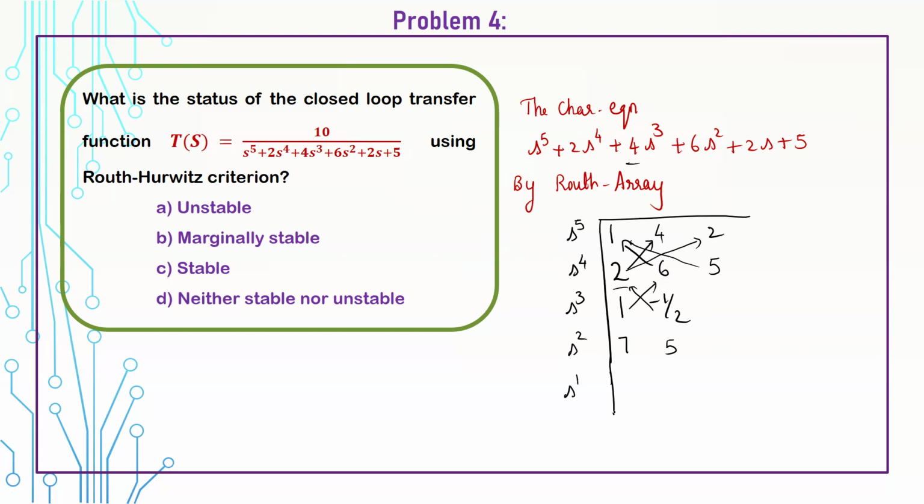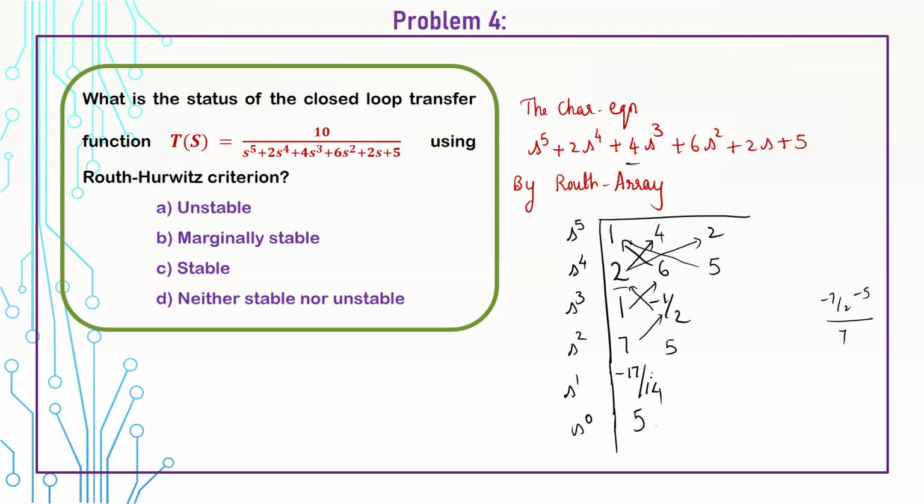In the s power 1 row, 7 into minus 1 by 2 is minus 7 by 2, minus 5, divided by 7. That gives 7 minus 10, minus 17 by 2, so minus 17 by 14. And then in the s power 0 row, simplifying this, 5.